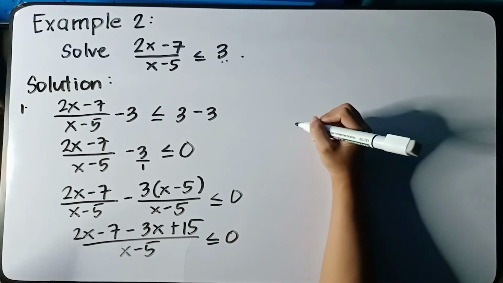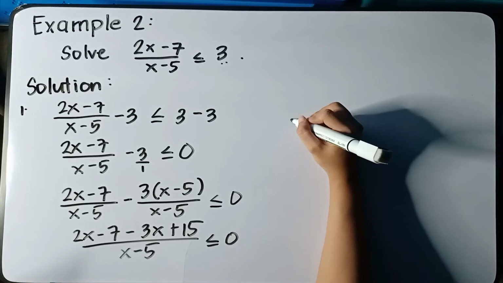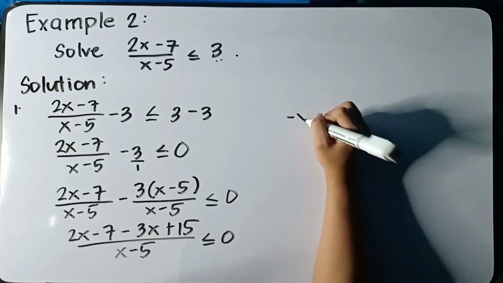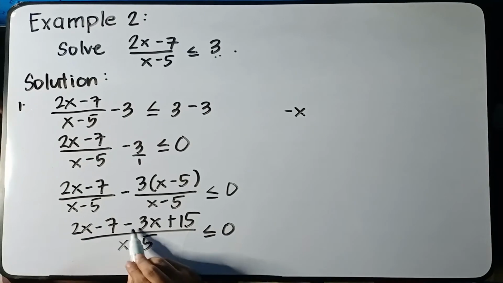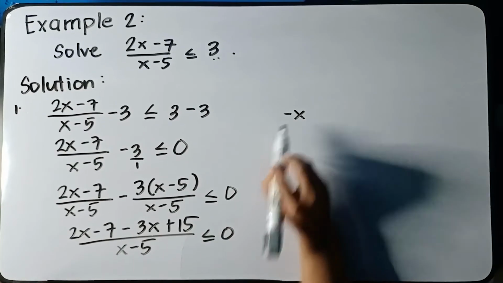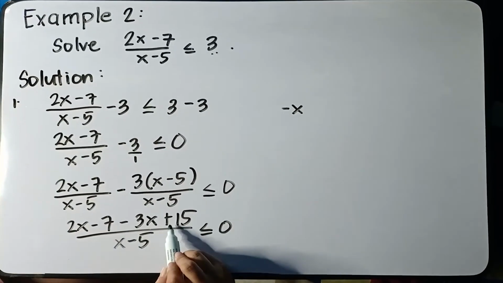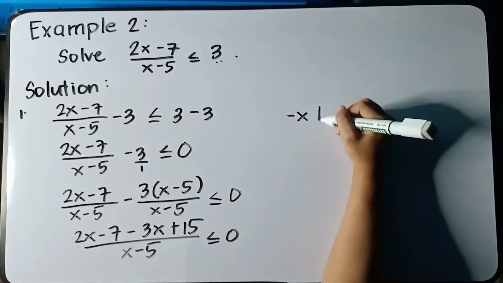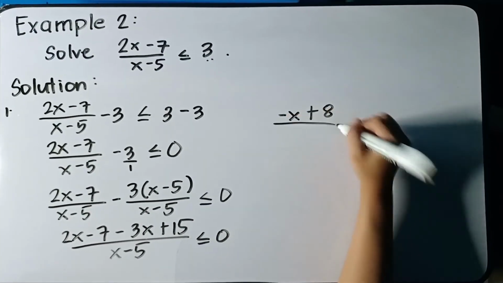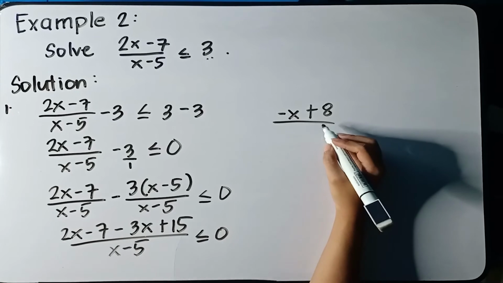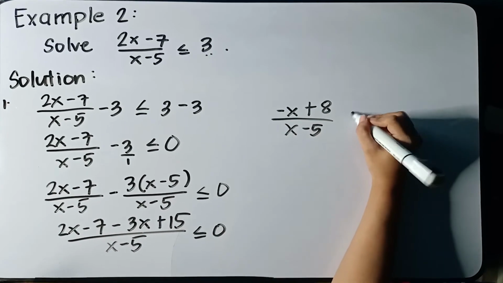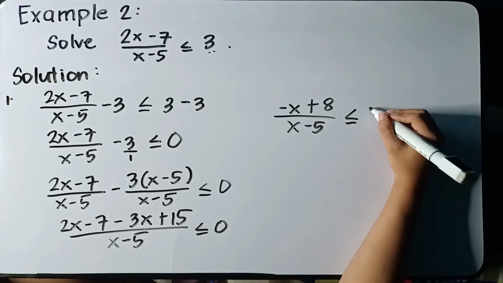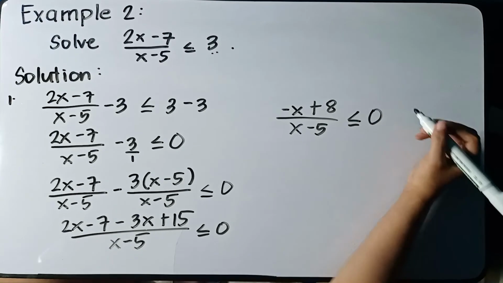So the simplified rational inequality, we have negative x, because 2x minus 3x is equal to negative x. And then negative 7 plus 15, we have positive 8, or 15 minus 7, that is 8. All over x minus 5, less than or equal to 0.